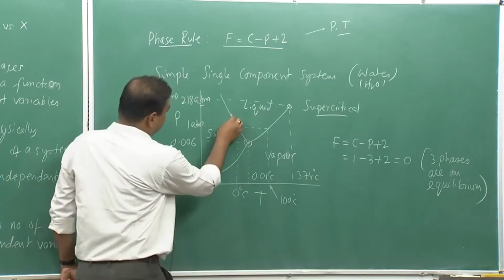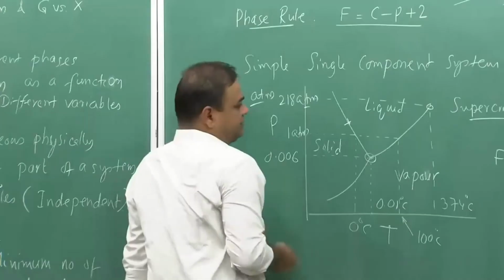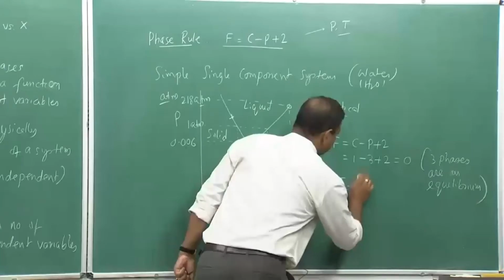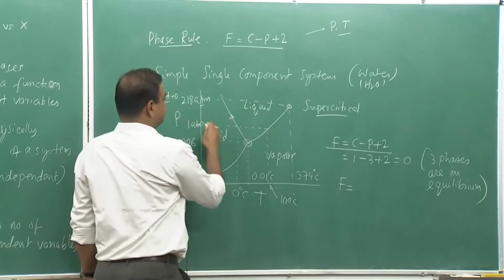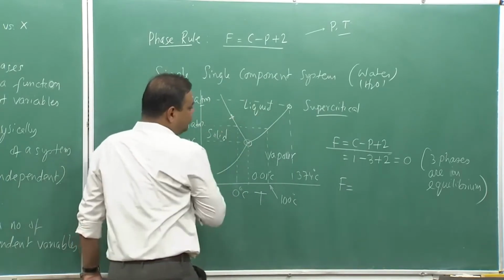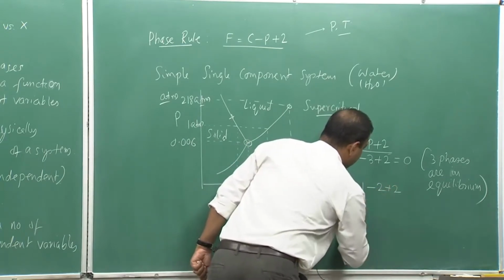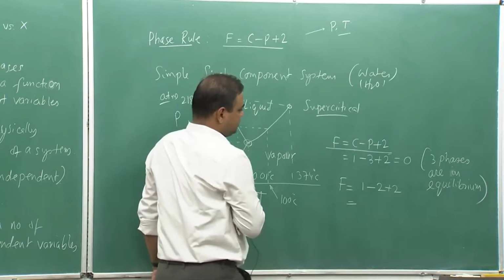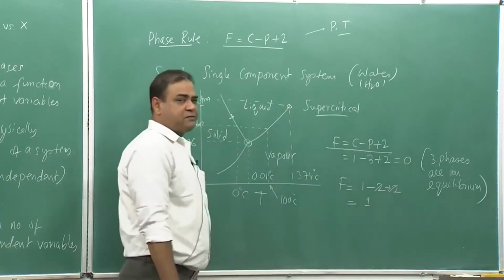Similarly, if I try to find out what would be the degrees of freedom on this line, F equals again the same formula, but here the component is 1, that is water, and there are 2 phases. So, 1 minus 2 plus 2 equals 1. What does it mean?